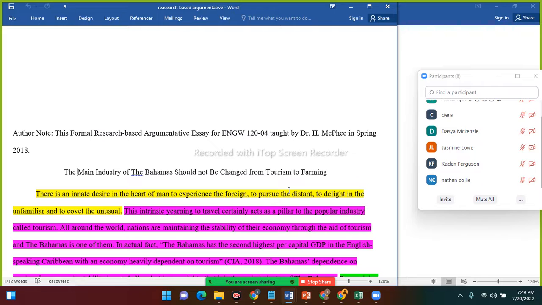That was my argument. We shouldn't change it because tourism has helped us financially in the past, present, and future. And farming has great risk and challenges, and farming has not proven to do so well in past years. That was my argument, right?